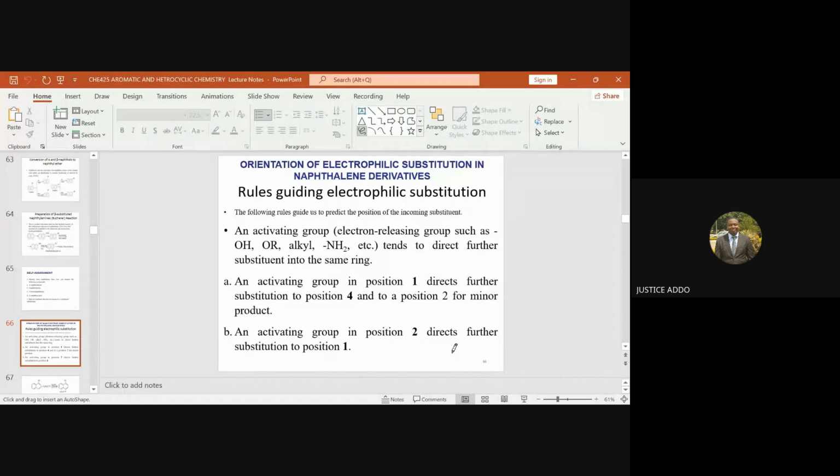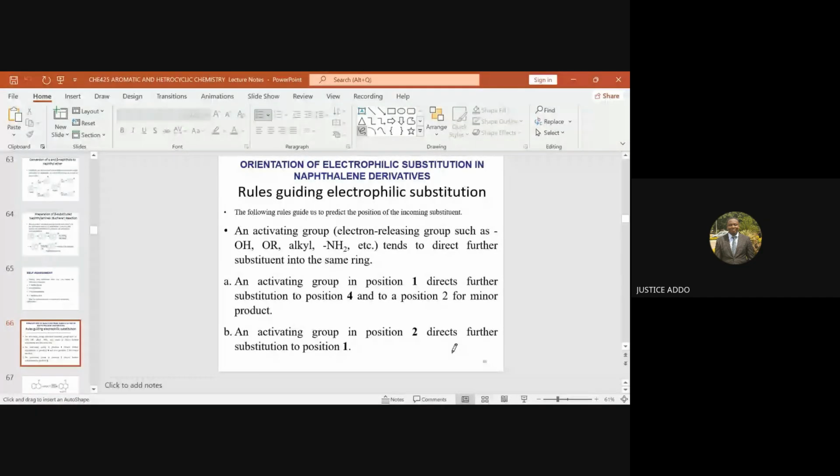These ones, we can always go back and refresh our minds, because you need to be very conversant with these groups to be able to tell their effect on the ring, and for that matter, their influence on an incoming group.